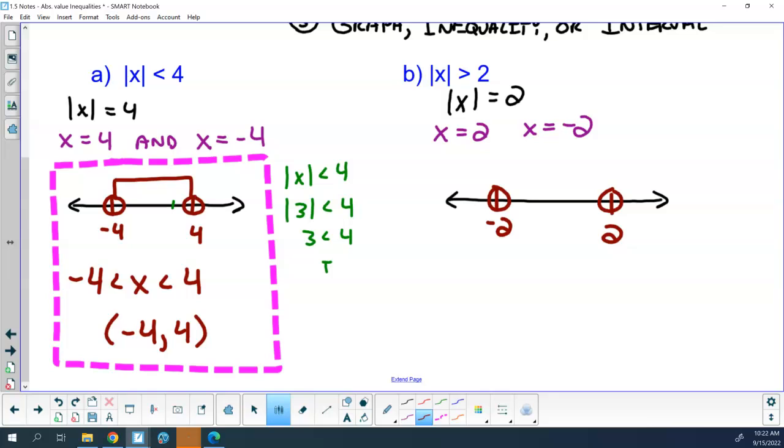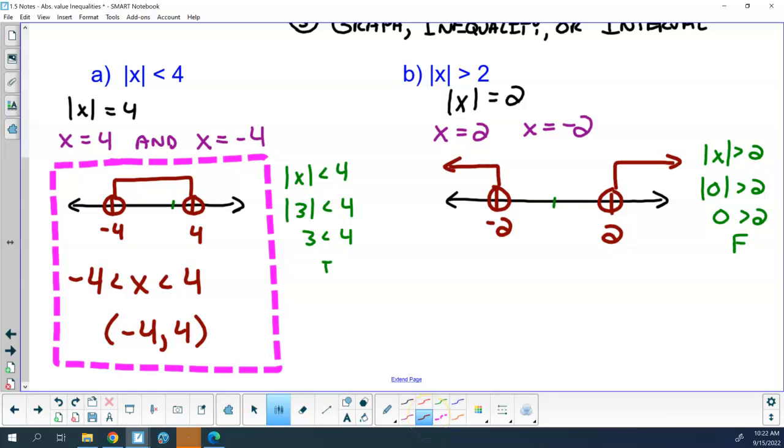Let's say I didn't remember, and I'm going to choose 0. So the absolute value of x is greater than 2, and I would say the absolute value of 0 is 0, and 0 is not greater than 2.